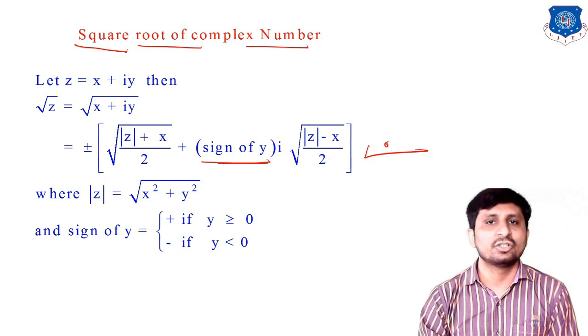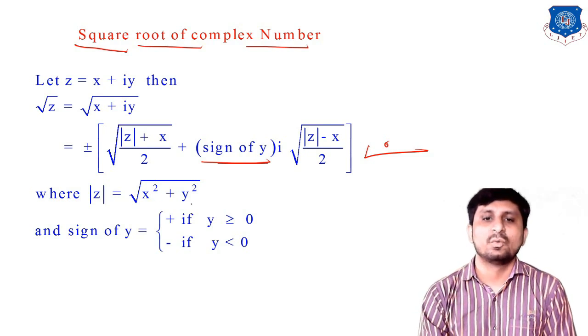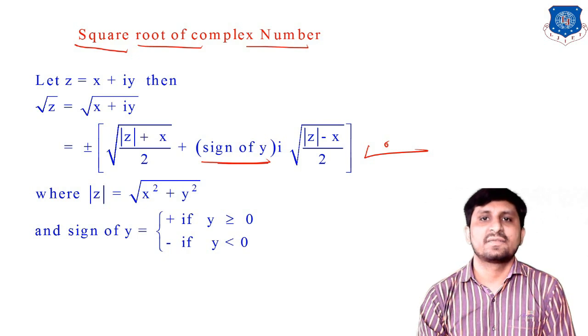Sign of y means positive if y is greater than or equal to 0 and negative if y is less than 0. And clearly we know that mod z is nothing but r, and r is equal to the square root of x square plus y square, which is exactly the distance from the origin to that complex number.